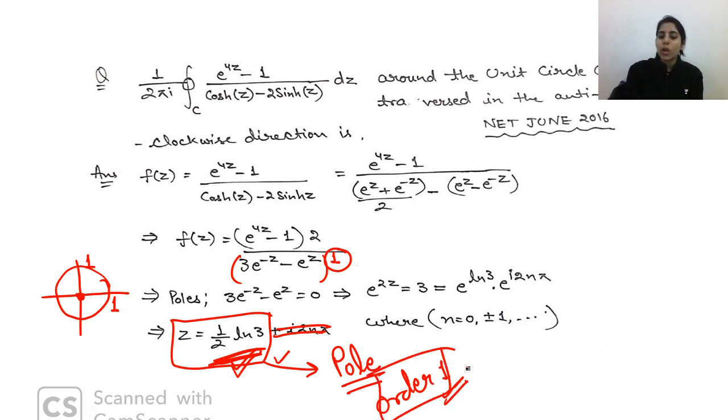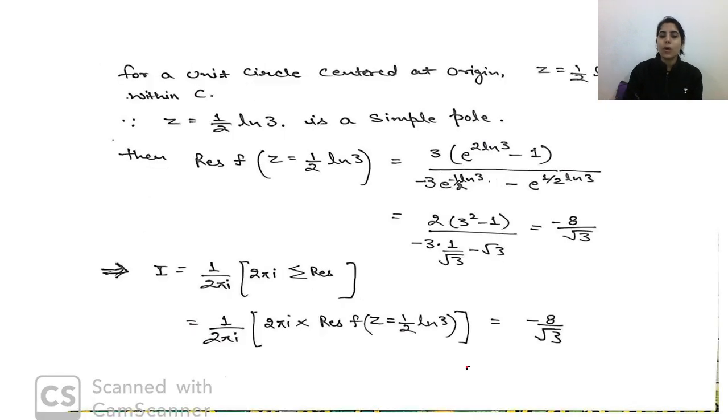Clear? Now the order is 1. After this, we will use the formula to find the residue for a simple pole.